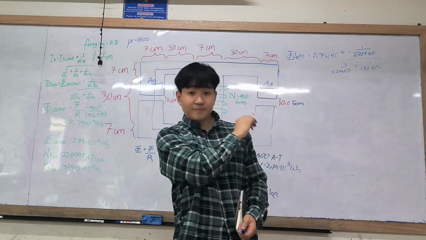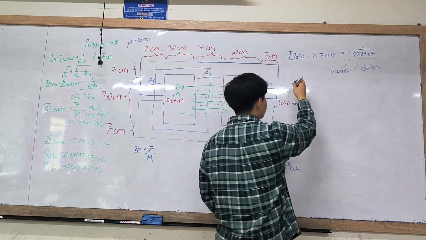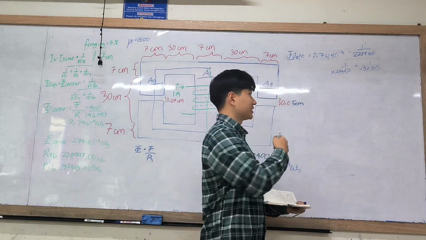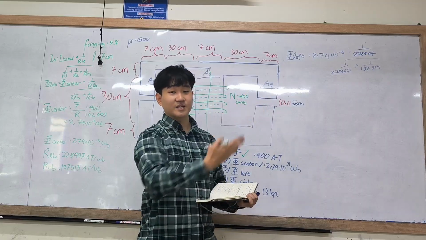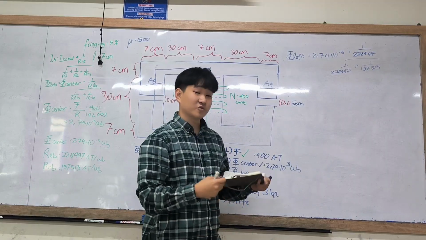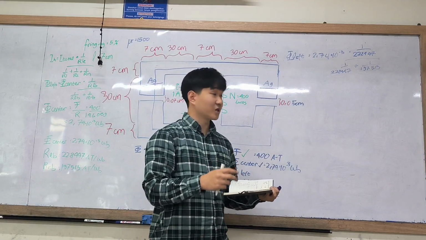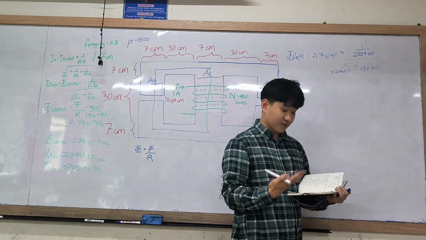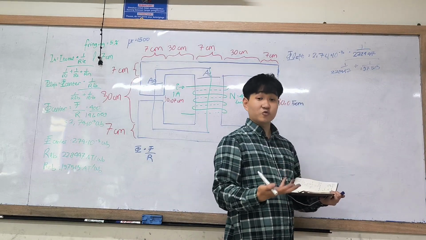Okay, this is the magnetic flux of the left branch, and we have two choices. We could either just calculate it with the calculator, or if you want to simplify the formula, it could be done this way by simplifying the current divider rule specifically for two resistors.